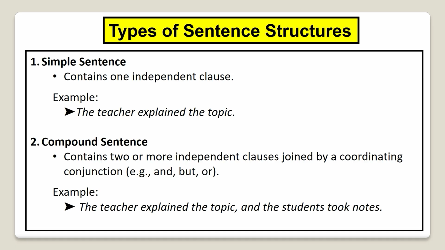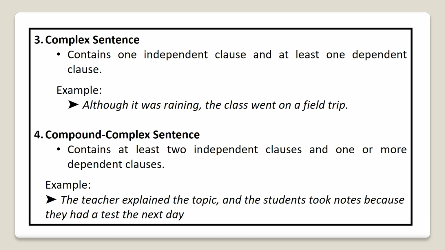What is a complex sentence? It contains one independent clause and at least one dependent clause. Here we get two things: one independent clause and at least one dependent clause, and then it is called a complex sentence.